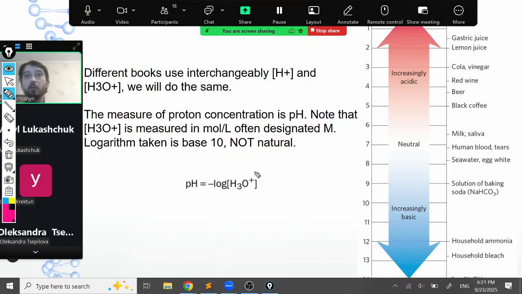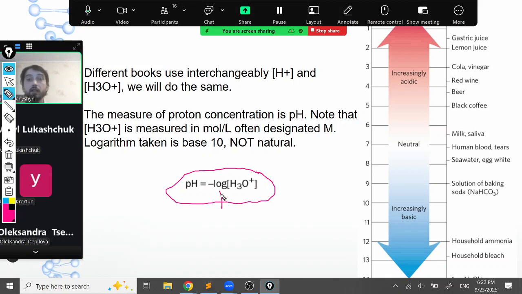So this is probably one of the formulas that we will use the most. The definition of the pH. So pH is minus logarithm of the concentration of protons. Well, the same thing would be if I write here just H plus. So it doesn't really matter. Absolutely the same.